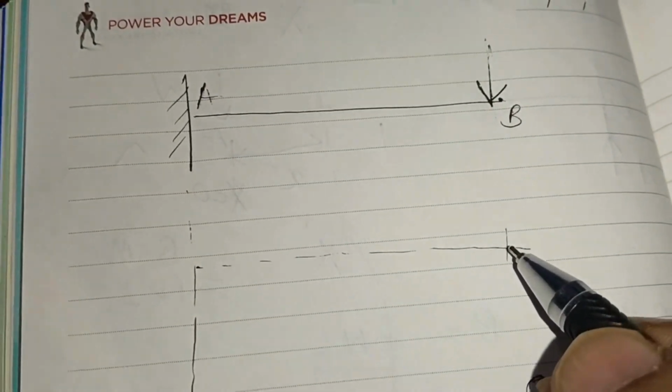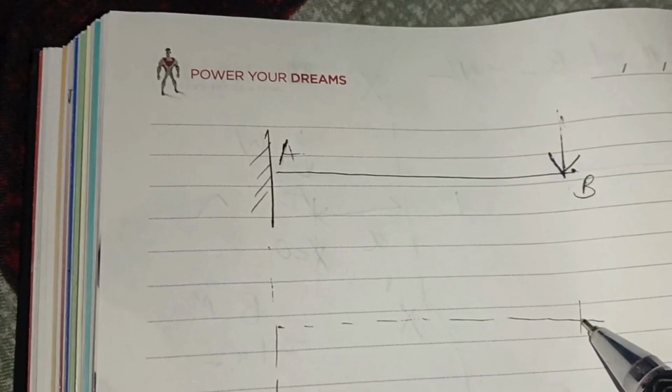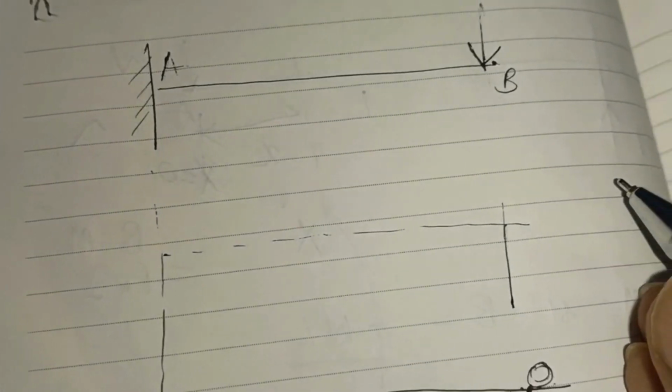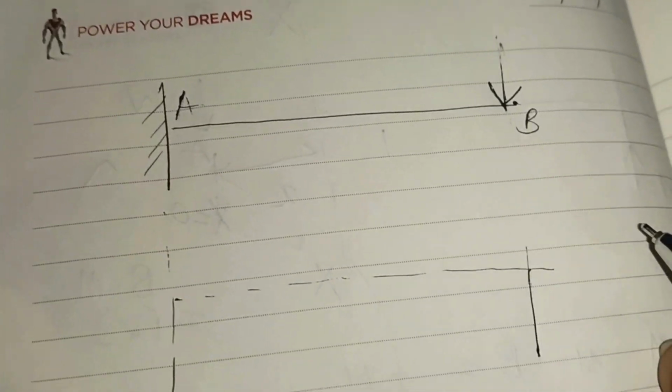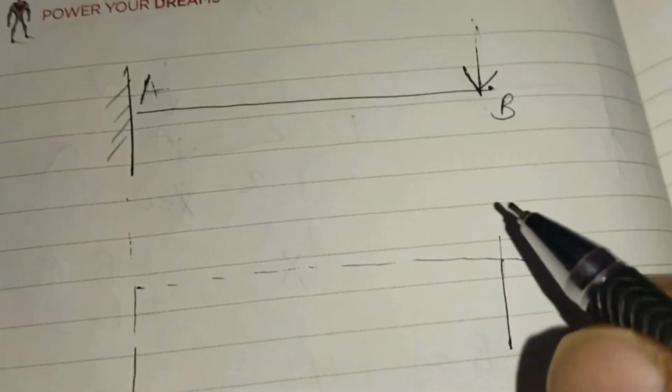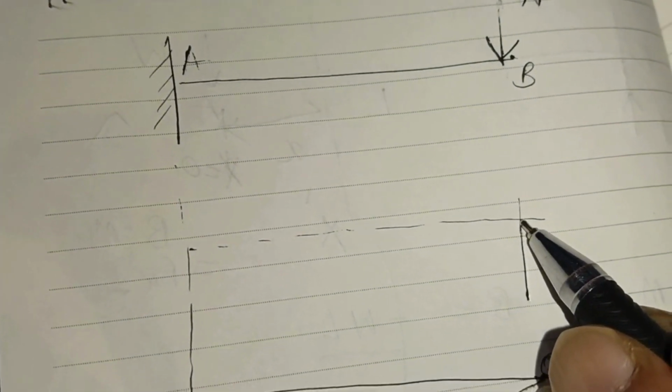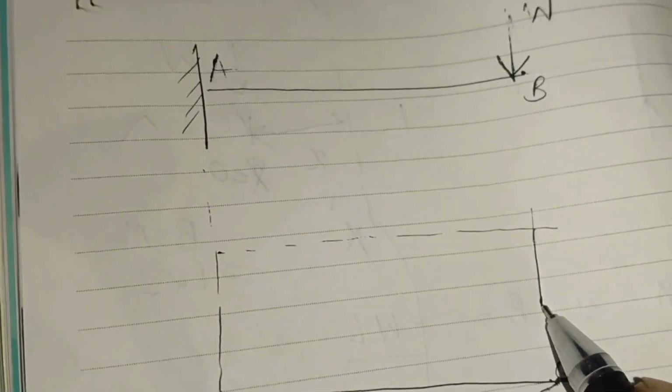So at point B, this is minus W, because we have seen the convention for force, if it is acting downward we take minus. So here W is acting, so we can take a magnitude of W in the downward direction.